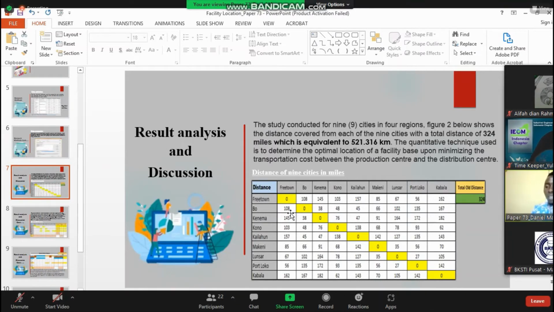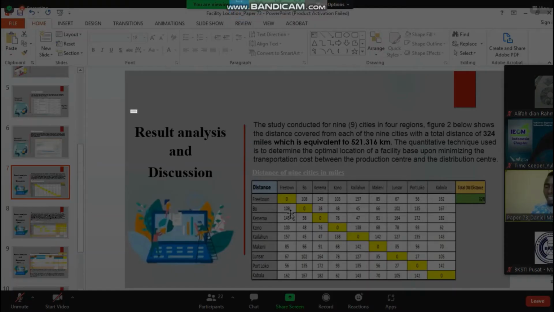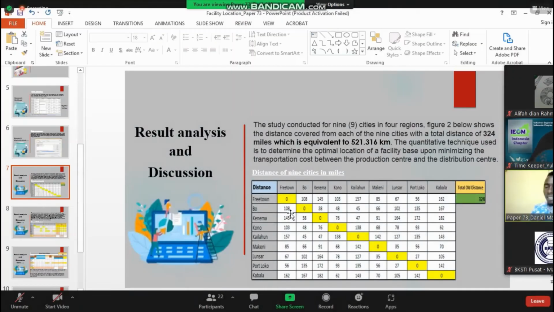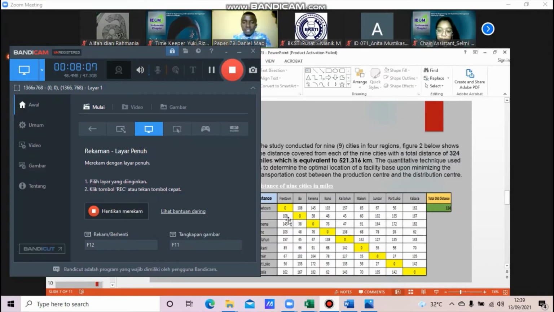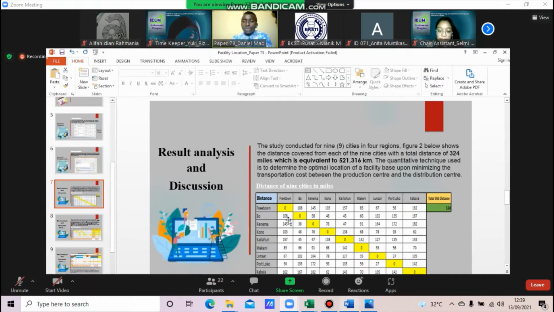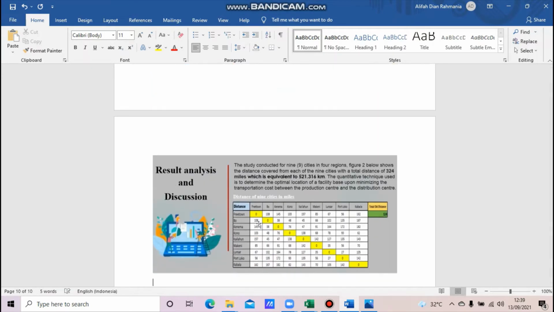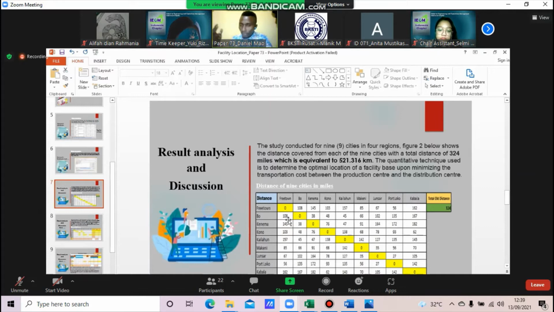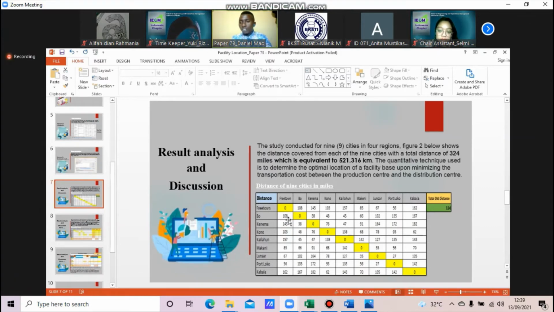Putting all that together, it gives a total distance of 324 miles, which is equivalent to 521.316 kilometers. The quantitative technique used is to determine the optimal location of a facility based upon minimizing the transportation cost between the production center and the distribution center.